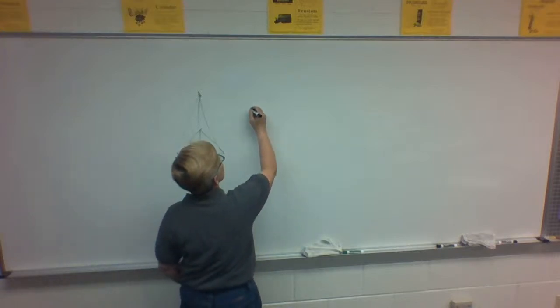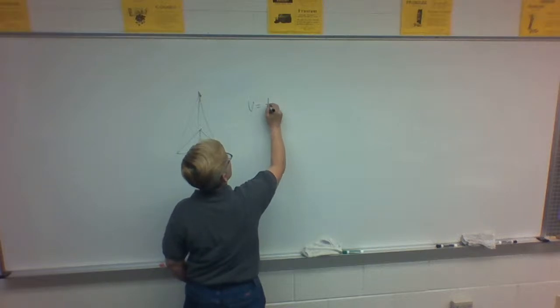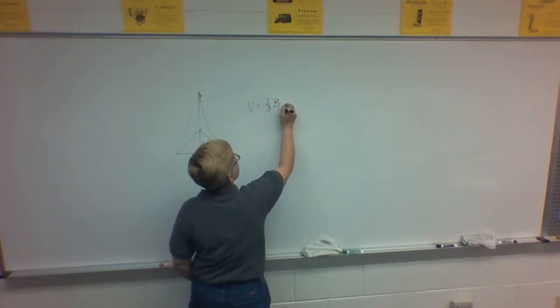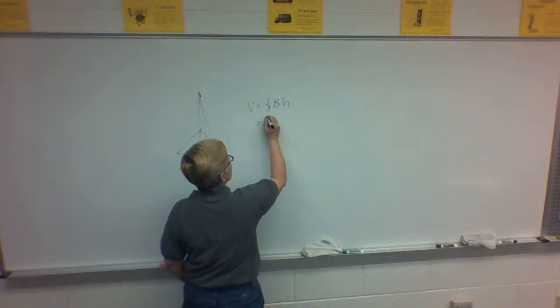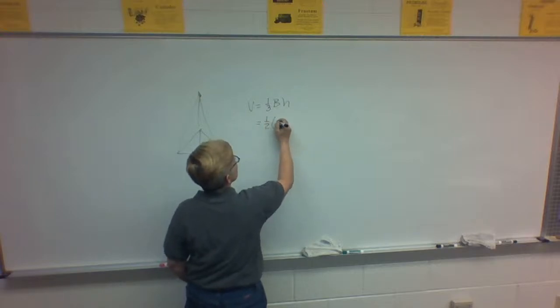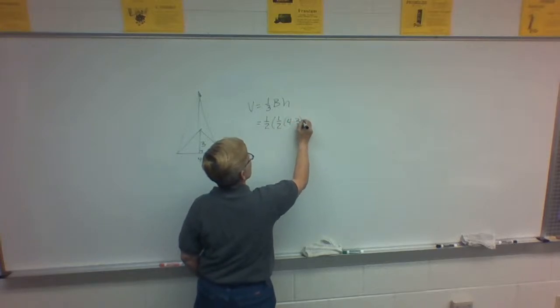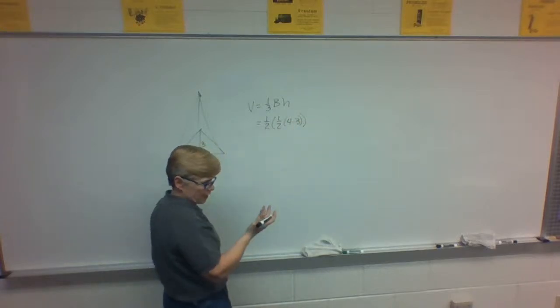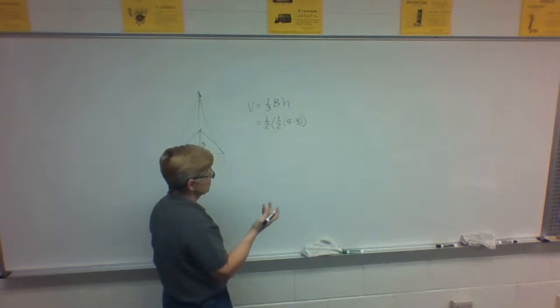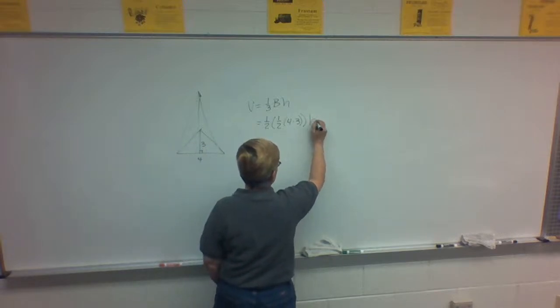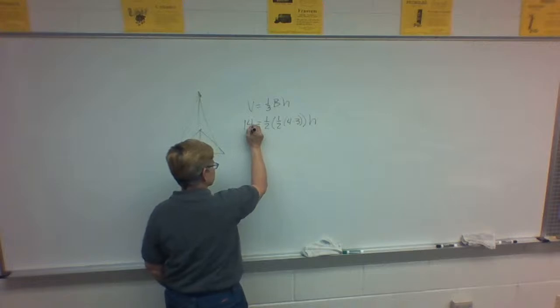And so our formula is volume equals 1/3 the area of the base times the height. This time, the area of the base is 1/2 times 4 times 3, because the base is a triangle whose area is 1/2 base times height. Are you following me? Times the height, which we don't know, but we know the volume is 14.